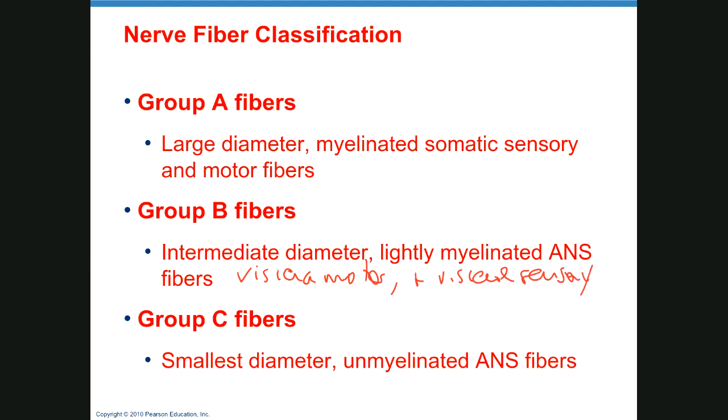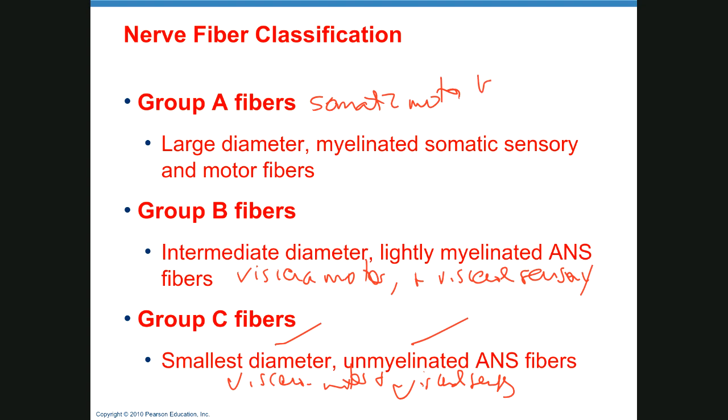Same thing with group C fibers, which are very small and unmyelinated. They will also be visceral motor and visceral sensory, whereas group A fibers are going to be somatic motor and somatic sensory.